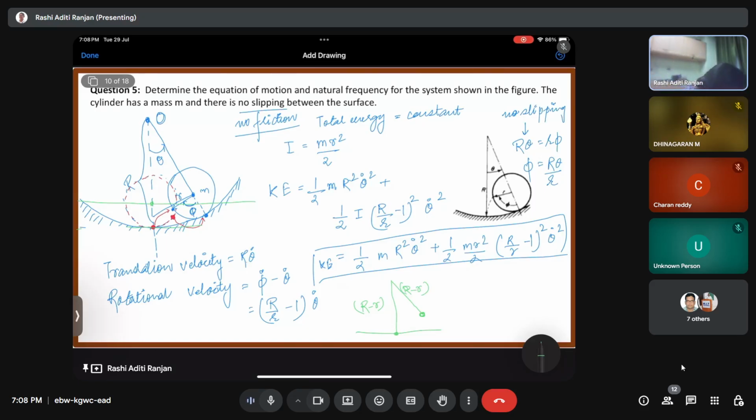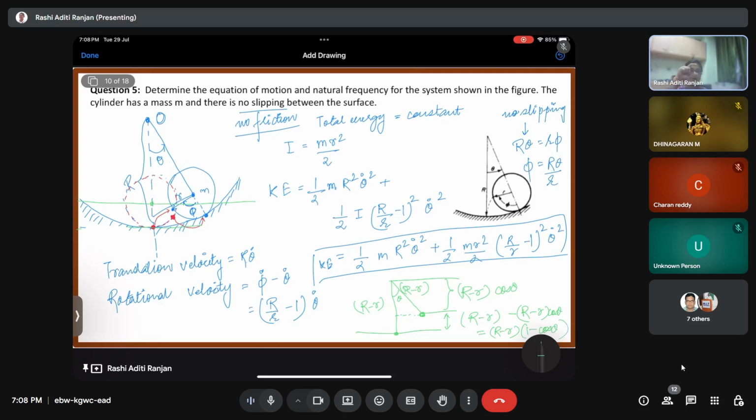If this angle is theta, this is capital R minus small r into cos theta. So this distance is capital R minus small r minus capital R minus small r into cos theta, which is capital R minus small r times 1 minus cos theta.